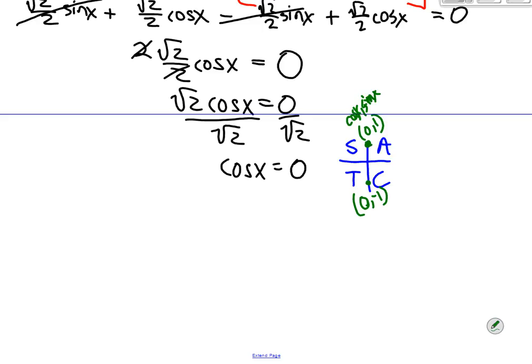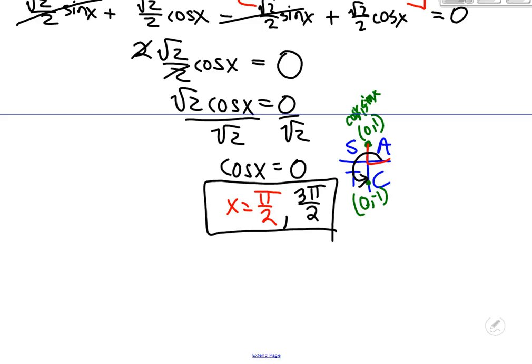And so the angles that give us these answers are pi over 2, and this other one, from here over to there, 3 pi over 2.